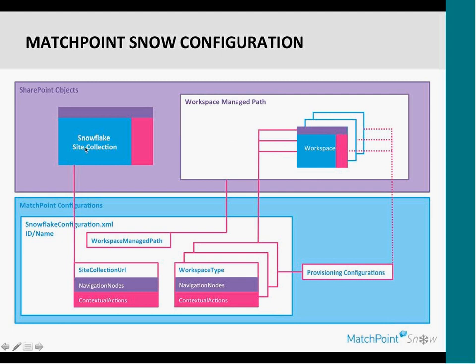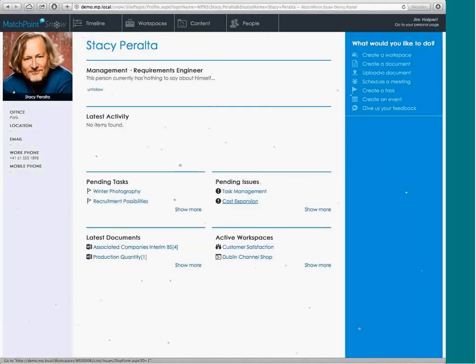Within that site, you can configure the various landing pages for your users with aggregated views. For instance, like we've seen in MatchPoint Snow, a view that displays content from the timeline, a view that displays content from workspaces, etc. So this is the Snow configuration, and I would like to quickly switch to my environment here.